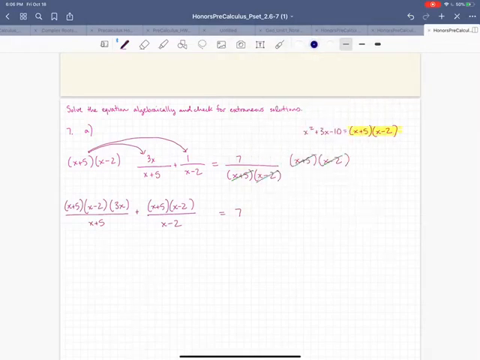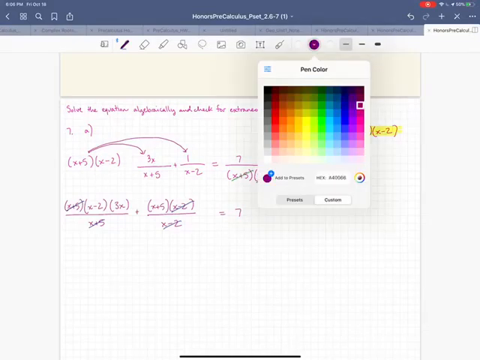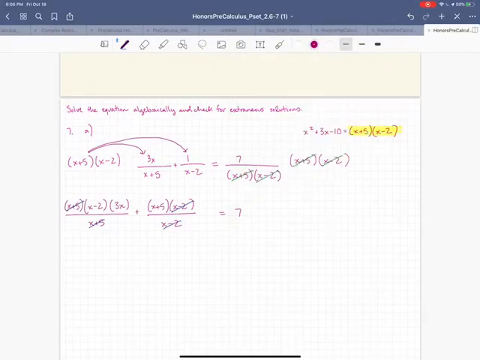So I see that I have factors of x plus 5 canceling and factors of x minus 2 canceling, which gives me 3x multiplied by x minus 2 plus x plus 5 equaling 7.